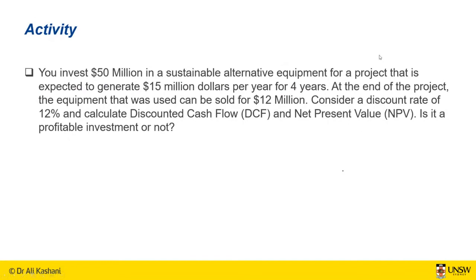Okay, so let's do an activity together to see how we calculate the discounted cash flow and the net present value. Let's say that we have $50 million that we are investing in sustainable equipment for a project that is expected to generate $15 million per year for 4 years.